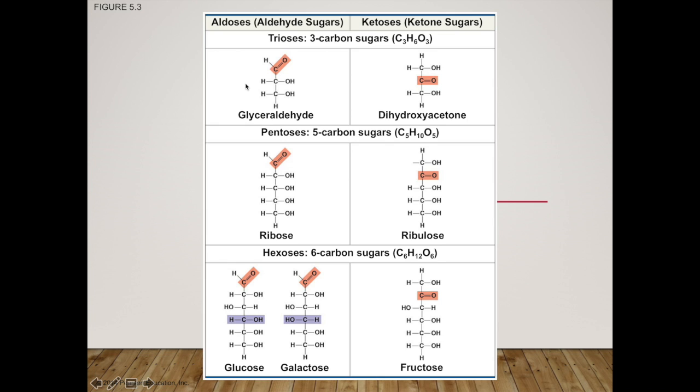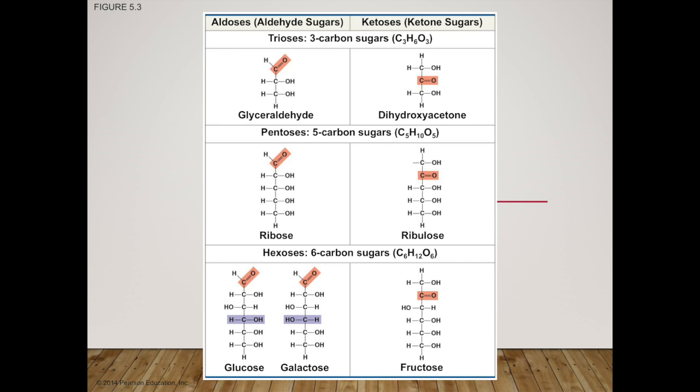And it can be at the end of the molecule, like you see here in glyceraldehyde, or it can be in the middle of the carbon skeleton. So there's carbons on either side of this guy, and we call that a ketone. So you'll also have noticed that both of these molecules, if you count up all of the carbons, hydrogens, and oxygens, have the same molecular formula, but different arrangements of the covalent bonds.